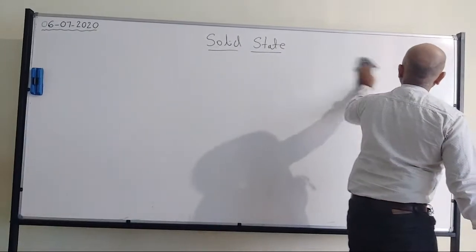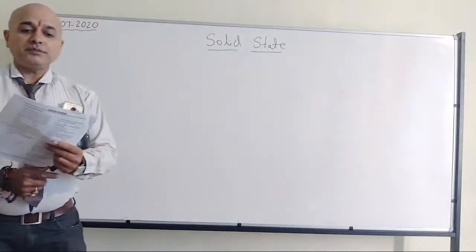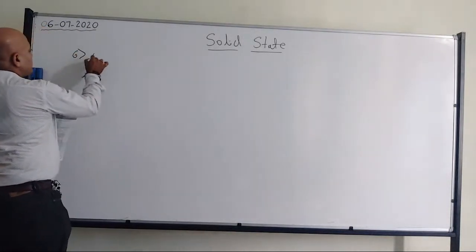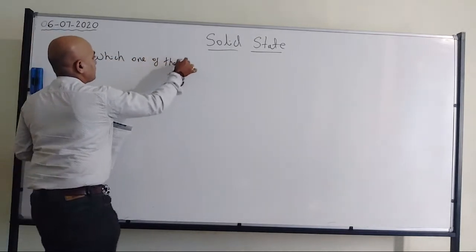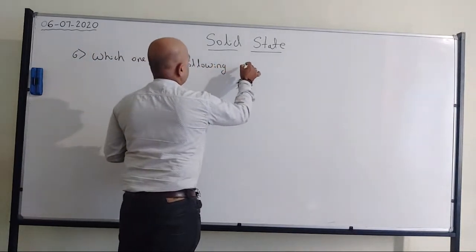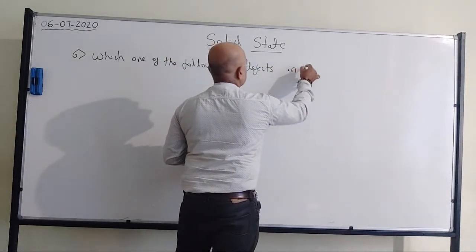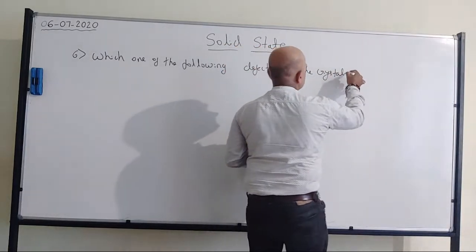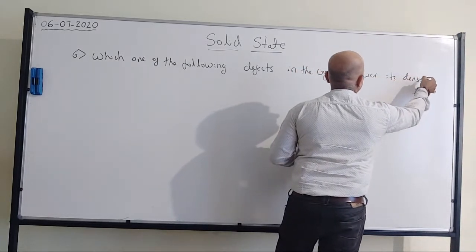Okay na? So that is question number 5, and we will move to question number 6. Which one of the following defects in crystals lowers its density?